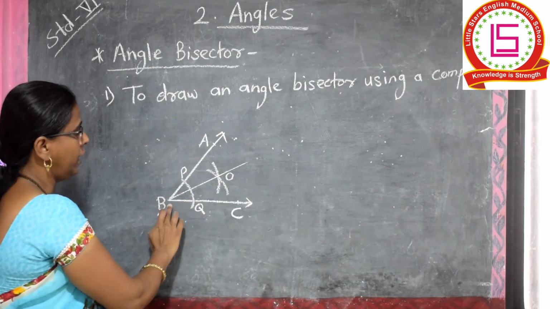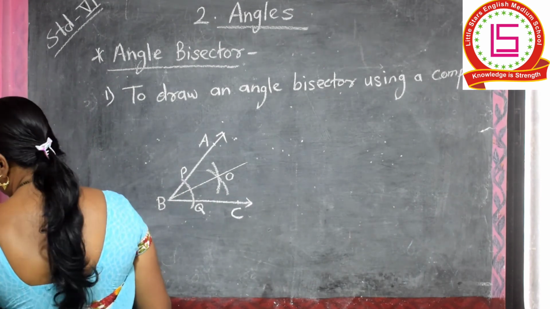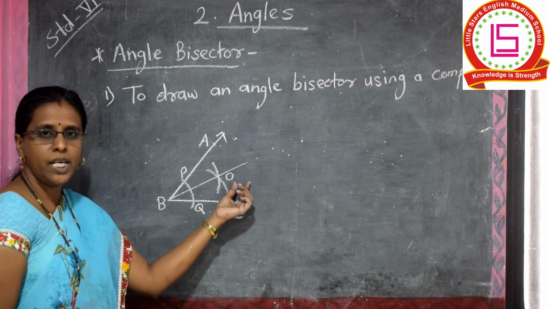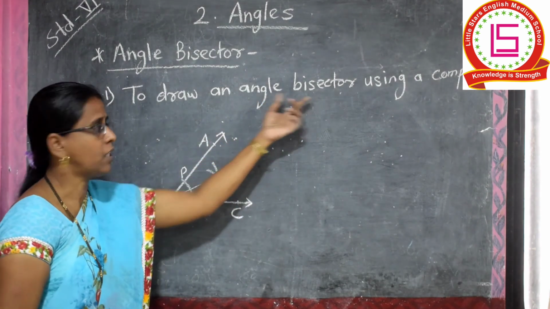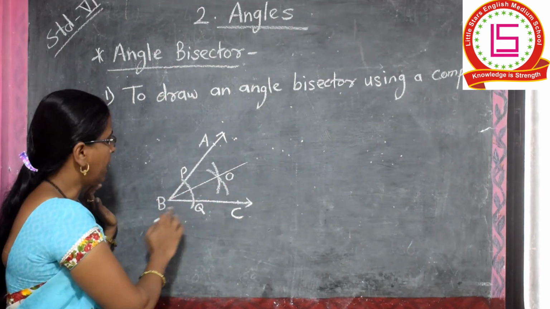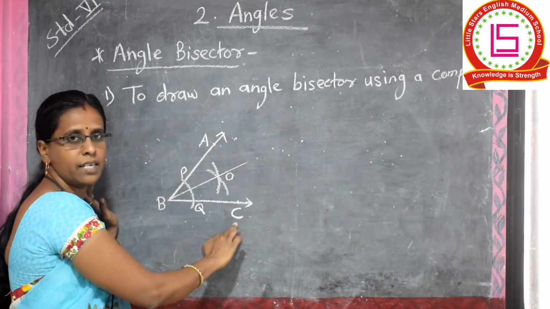Okay, join B and O. And ray BO is called the angle bisector of this angle. Okay, BO is called the angle bisector of the angle ABC.